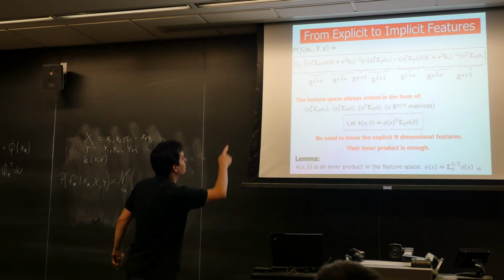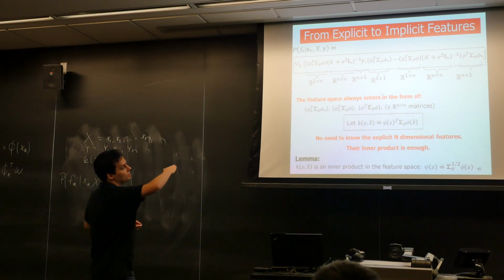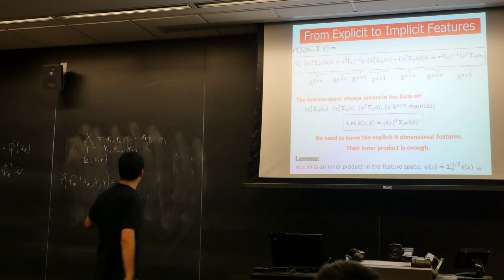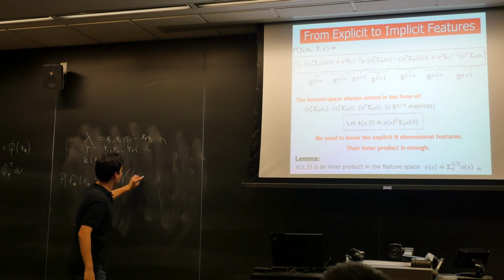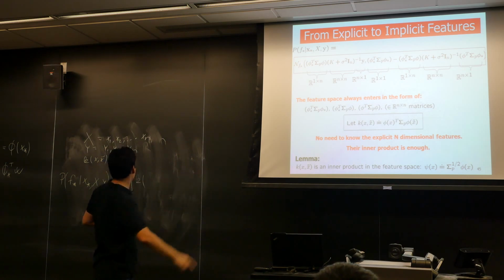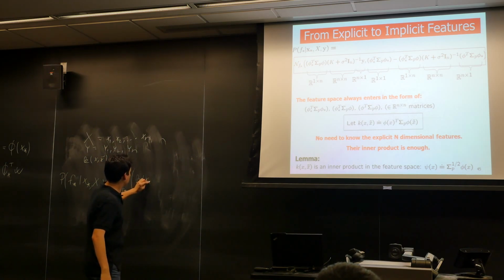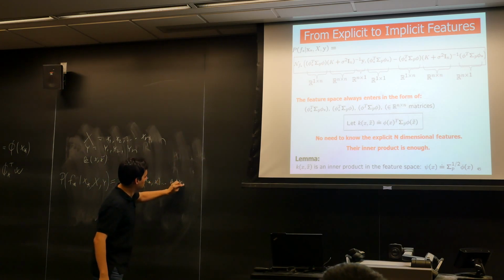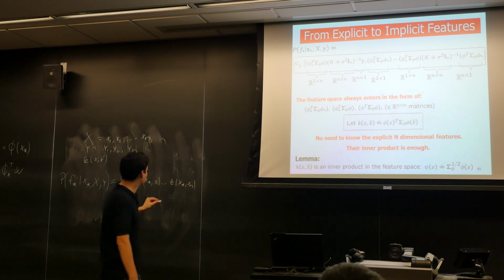So what's that expression? We start with a 1 times n vector that has values k between phi star and phi. So it's k(x star, x1) up to k(x star, xn). That's a 1 by n vector.